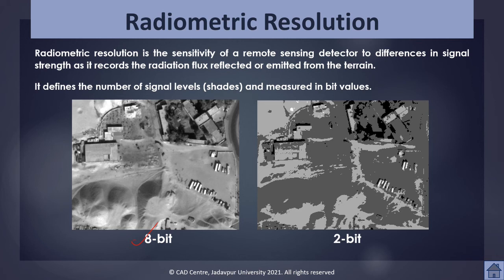The Landsat 4 and Landsat 5 thematic mapper recorded the data in 8 bits. So definitely day by day the radiometric resolution is being increased, and we are getting more detail on the imagery.